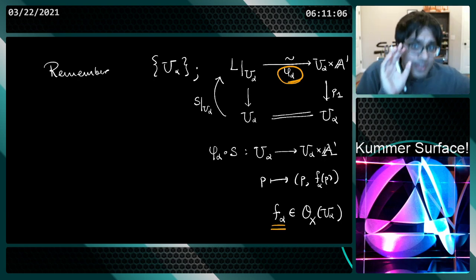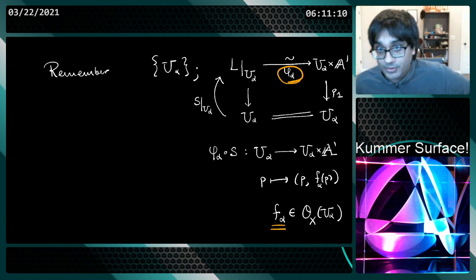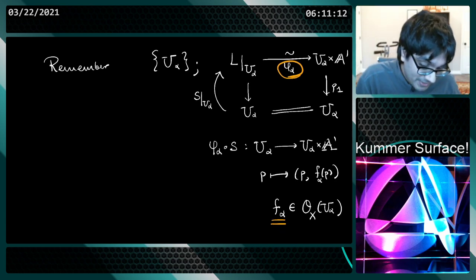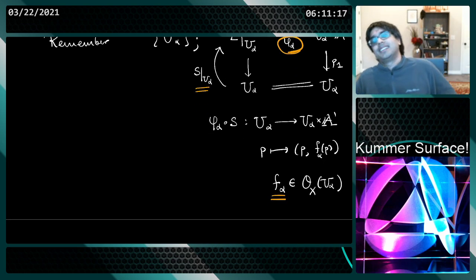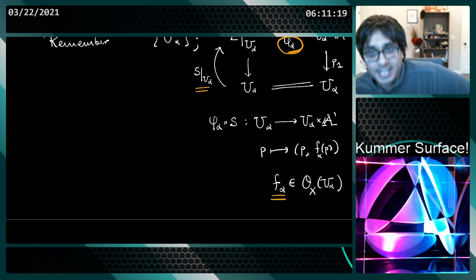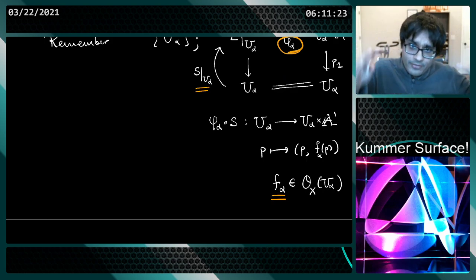All right, so thanks to trivializations, you get local functions from a given section. But you see, this one section is globally defined.